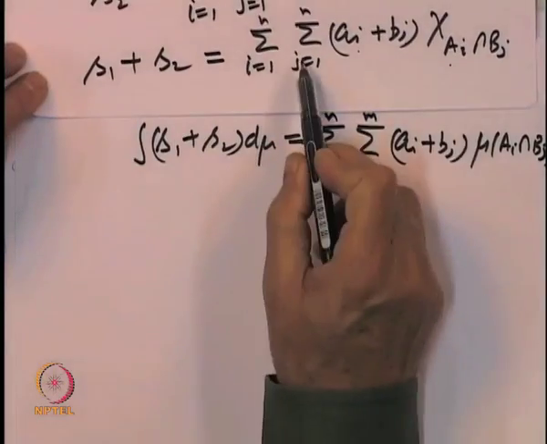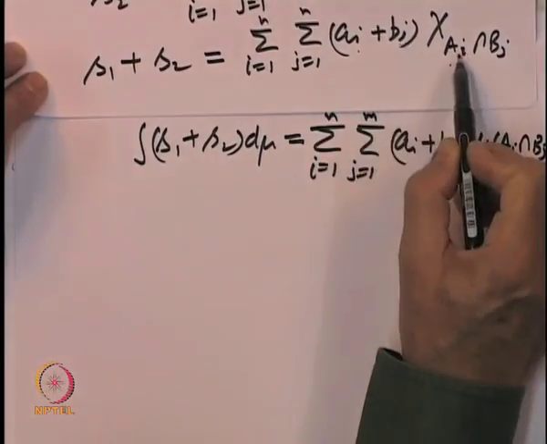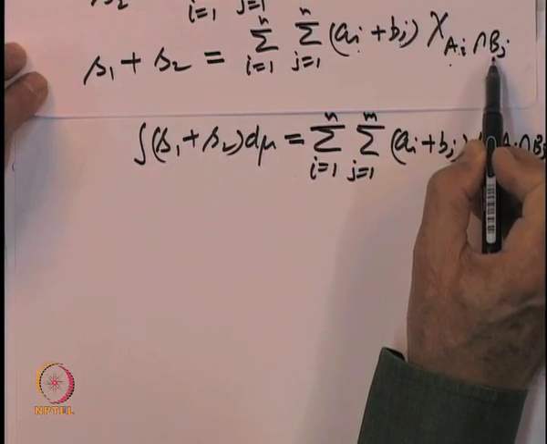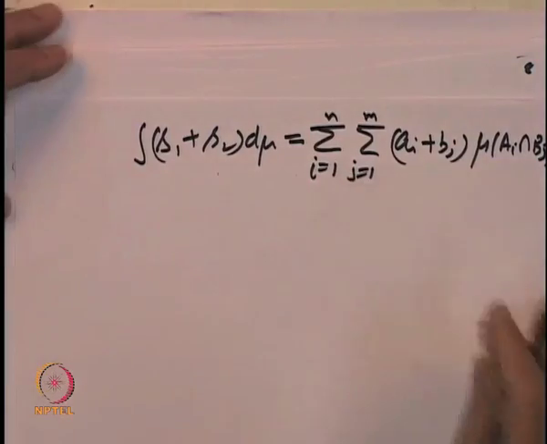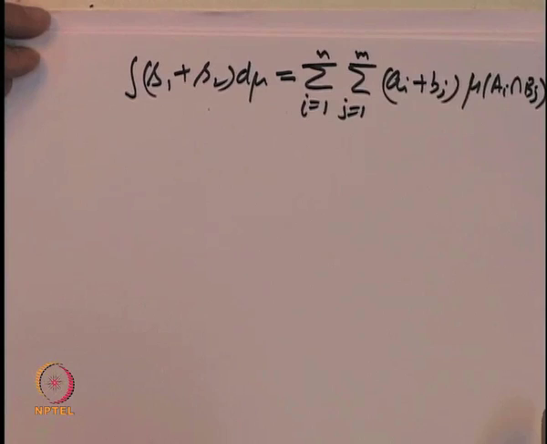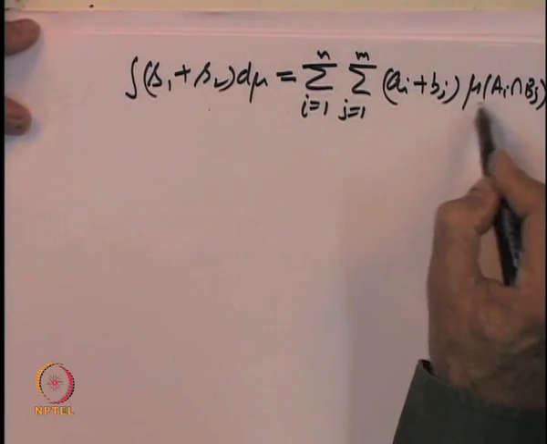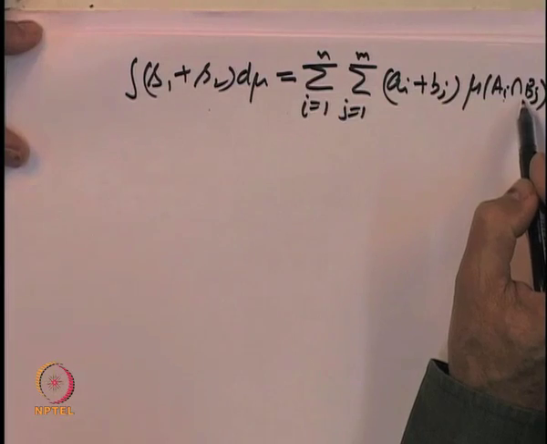Because this is the representation, A I plus B j is the value on the set A I intersection B j. So, the integral is going to be equal to summation over I summation over j of A I plus B j, times the measure of the set A I intersection B j.